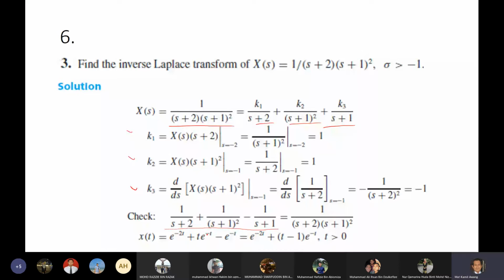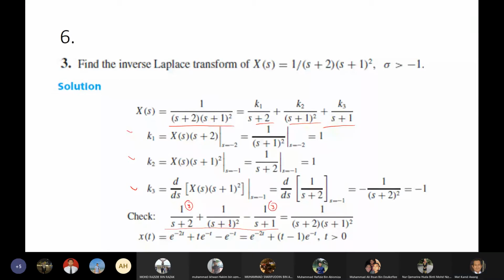So this is your decomposed equation. We want to use the inverse Laplace transform. You go to the tables and find something similar to this form. For example, 1 over s plus 2 is number 3 from the table. This also is number 3.